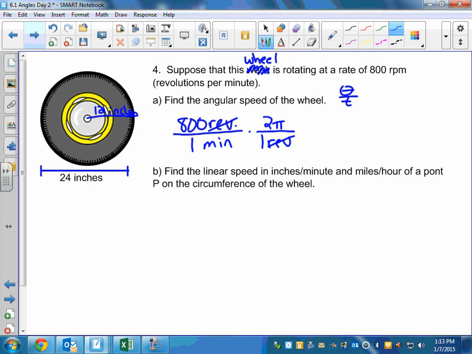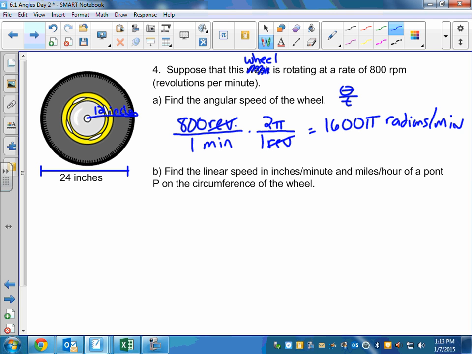And I'm changing revolutions per minute to radians per minute. Since they don't tell me what unit to keep in terms of time, I'm just going to keep it in minutes. We can change it to seconds if we wanted to. But that's just going to be 1,600 pi radians per minute.